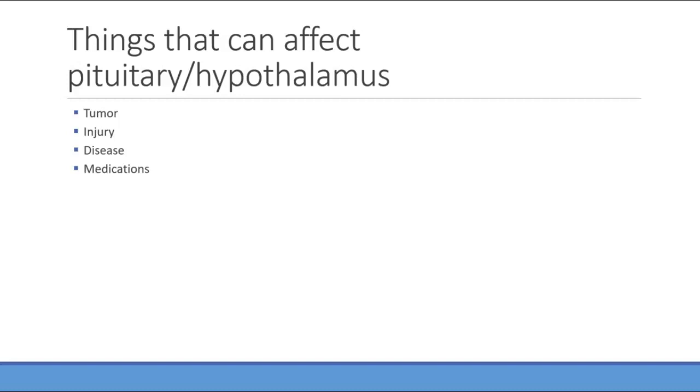You can have diseases that affect the pituitary gland itself. And then lastly, medications. So medications that affect the pituitary, which in turn would affect all of these hormones. So something to think about.